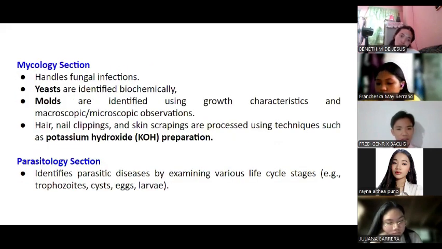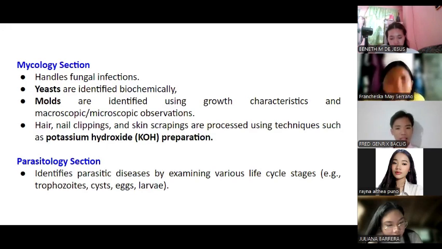So for the mycology section, it handles fungal infections. This section specializes in the identification of fungal infections. Yeasts are identified biochemically, and molds are identified using growth characteristics and macroscopic and microscopic observation.